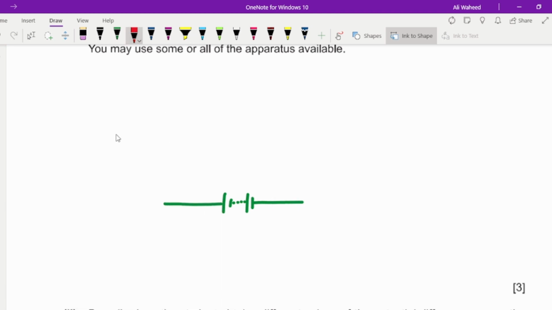Here we have this one. Then we have the switch. Here's the switch. And then I can connect the ammeter anywhere in the series, in series with the circuit, meaning with the resistor. So here's the ammeter. Then I have the variable resistor.